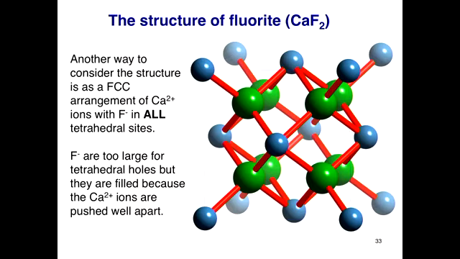Half the face diagonal will be the centre of that calcium to the centre of that calcium. I expect you to be able to do that calculation. Okay? Is that clear to everybody?